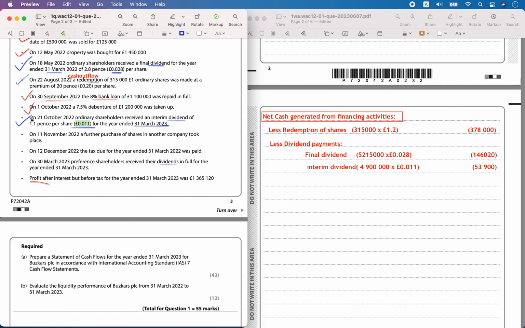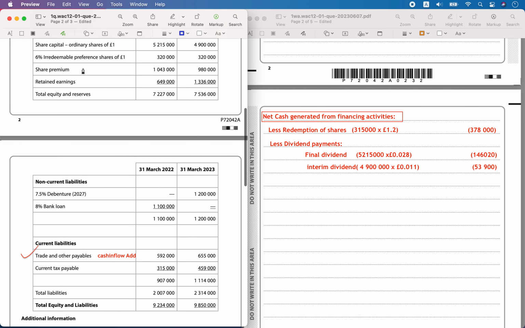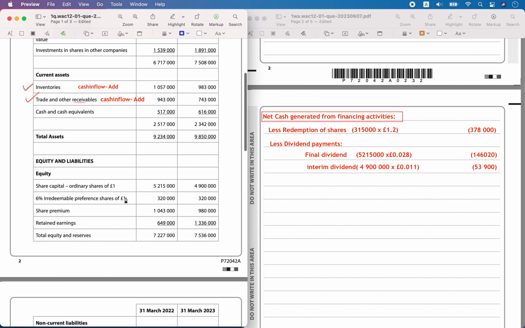This was also included. Then we can see that on 30th March 2023, preference shareholders received their dividends in full for the year ended 31st March. So let's see how many preference shares there were on 31st March.